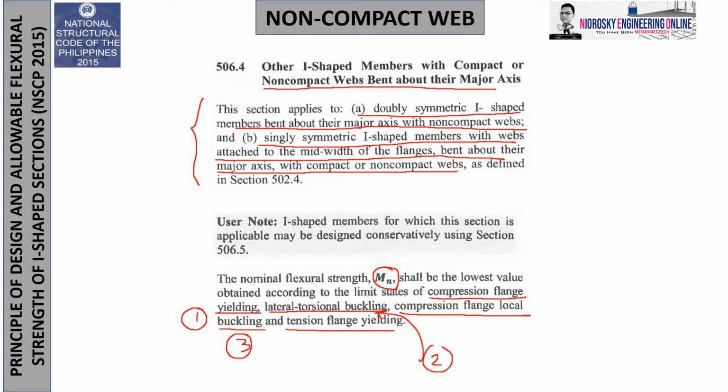And tension flange yielding, number 4. Apat yung pagpipilian natin, and then whatever gives the lowest should be the value. Pero there's a user note, no? I-shaped members for which the section is applicable may be designed conservatively using section 506.5. Yan yung susunod na code natin. Pero, let's stick with this muna. Tingnan natin kung ano yung dapat na flowcharting.